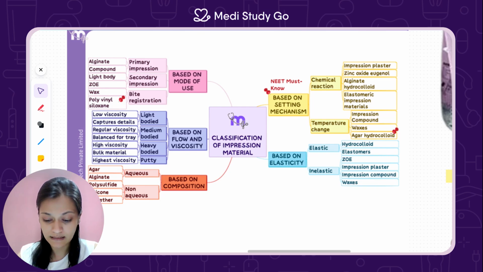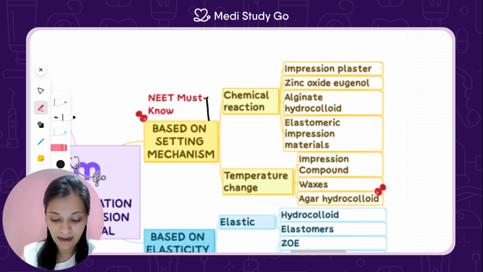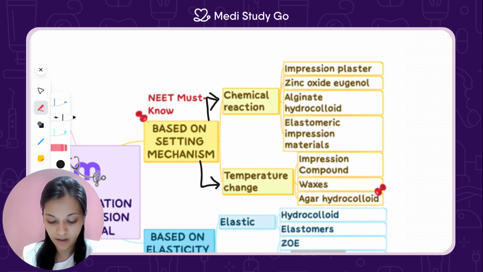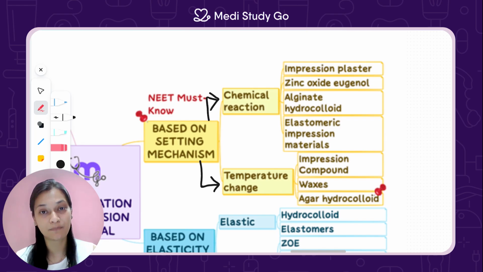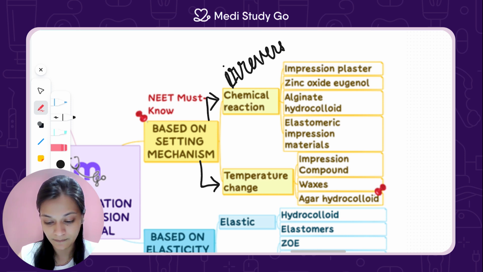So based upon the setting mechanism, how the material sets, it can either be chemical or it can be due to temperature change. So now I know one thing. If there is a chemical reaction that is involved, I am sure that it is going to be irreversible in nature.